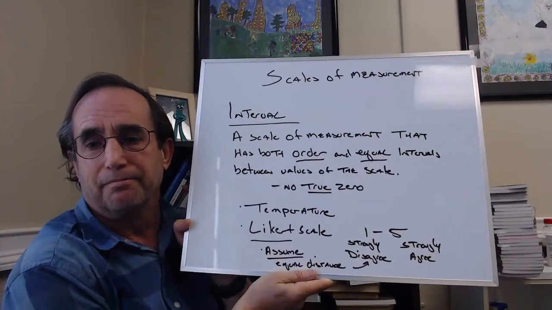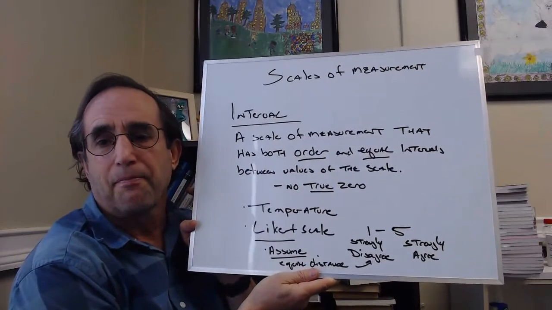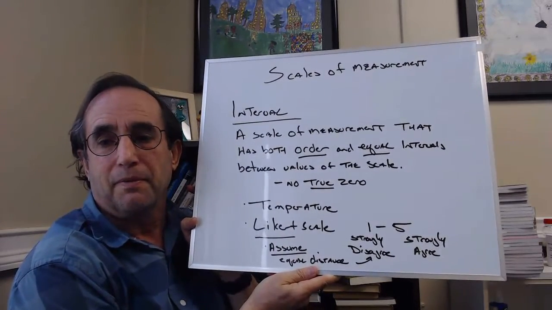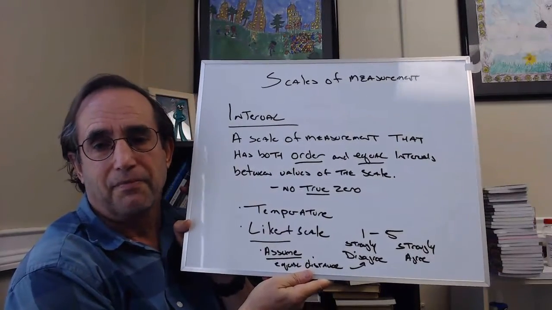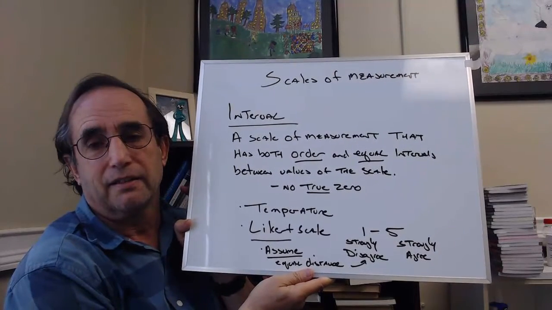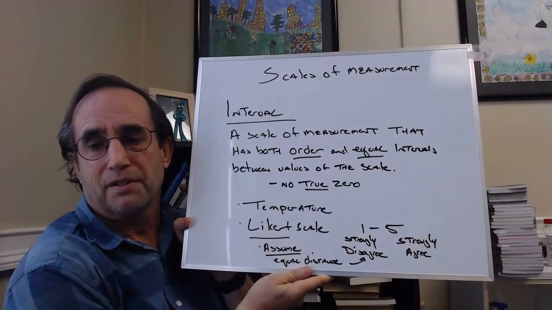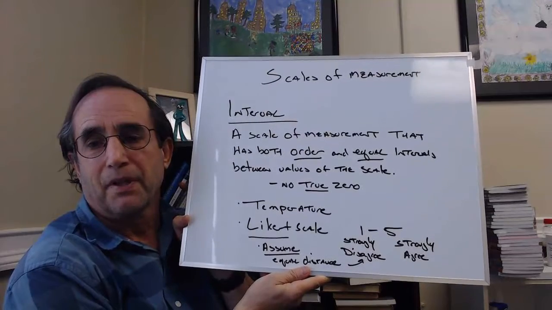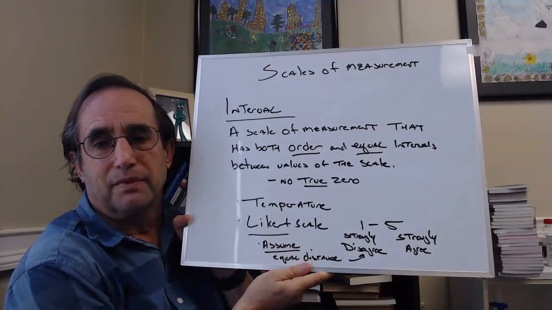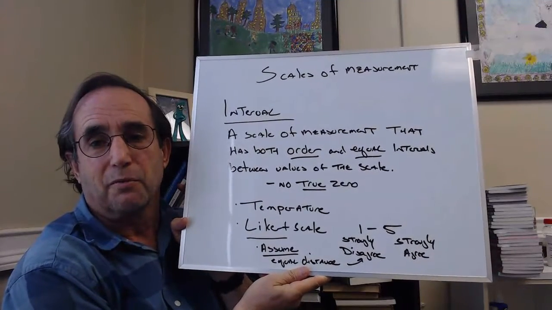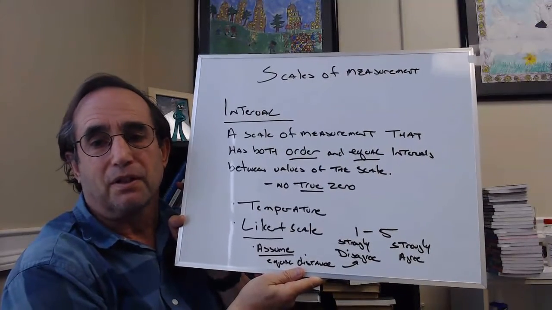Likert scales are a little peculiar, but they often get put under interval scales. You may be familiar with Likert scales. You may not. You have, whether you realize it or not, in the surveys that you take, like course evaluations, which are usually set up in a Likert scale. And Likert scales can be anywhere from, usually an odd number, with 0 being a neutral value. 1 might be strongly disagree, 5 strongly agree.